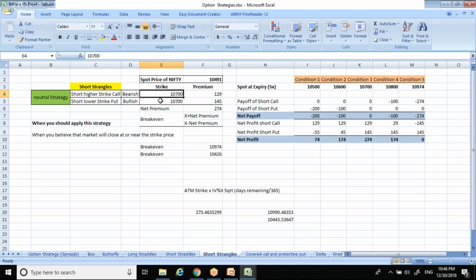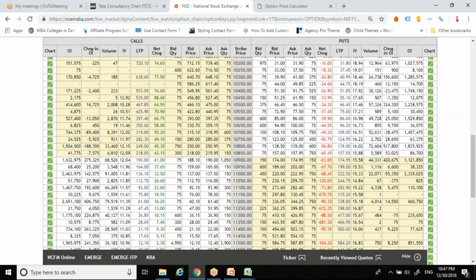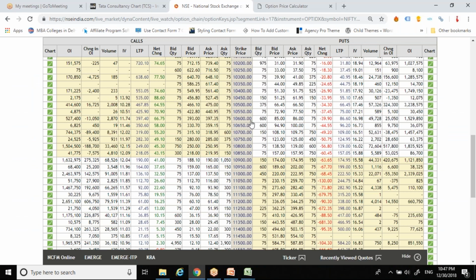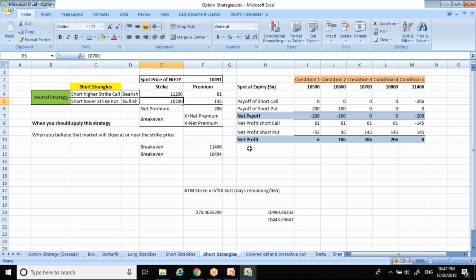So I will sell 11,200 and I'm gonna receive a premium of 61, and I believe in the bottom it will not go below like 10,600. So it is 86 premium put. So put is 10,600 and I'm gonna receive 86 premium here.